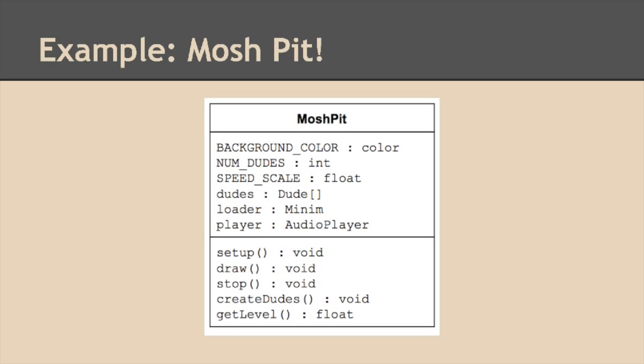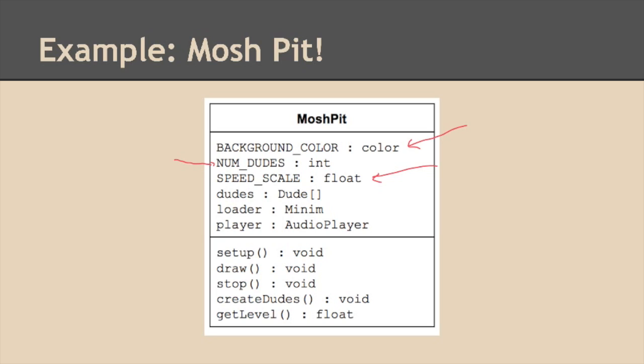A quick UML diagram will show us the fields that we'll need in addition to the methods that we just talked about. We'll have three constants, one of which is the background color for the application, the number of dudes in the mosh pit, and a speed scale value.